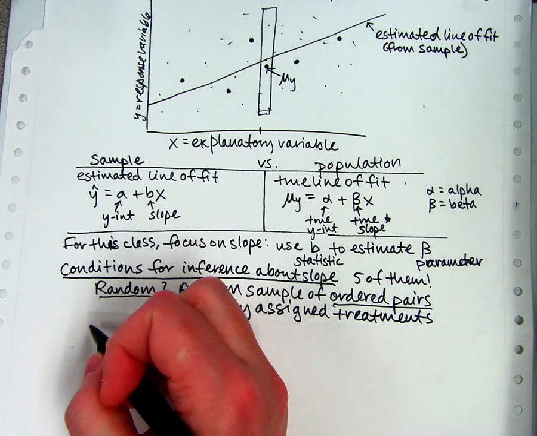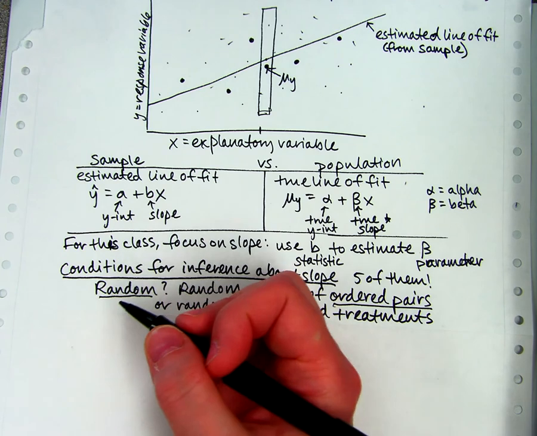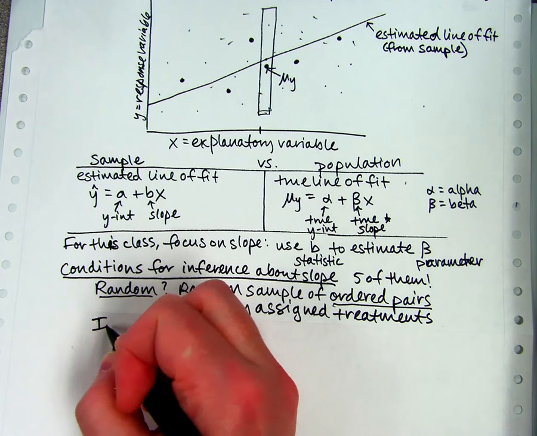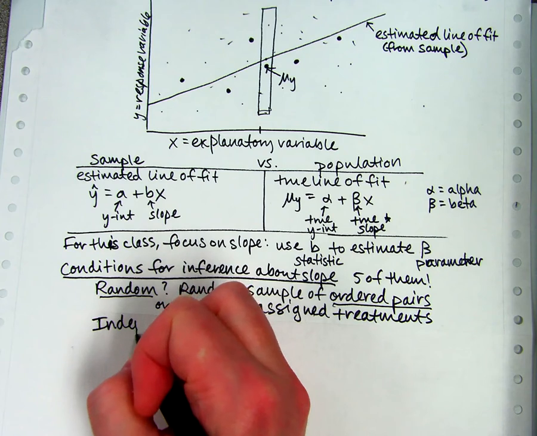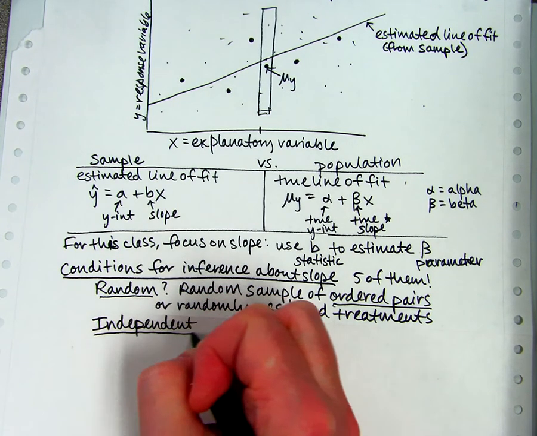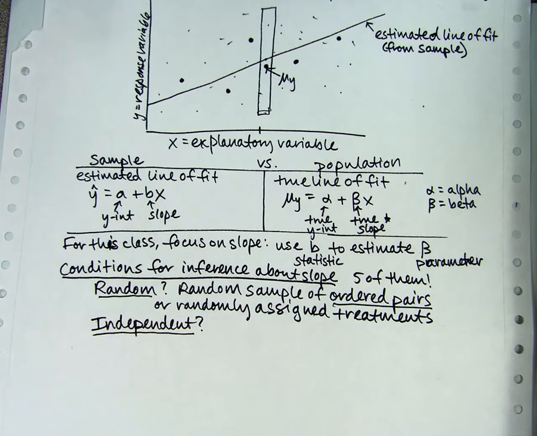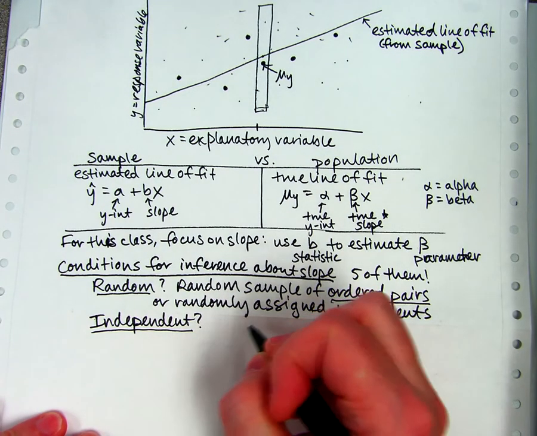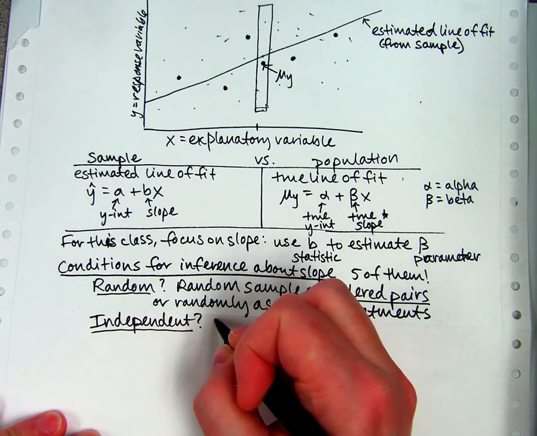The next one, we usually do normal next. I'm going to put it third for a reason, which I'll tell you in a minute. But the third one or second one, either way, is independent. That's the same as what we've done before. So I'm purposely starting with the easy ones, and I'll come back to the normal because it's a little harder. So independent, it's the same 10% rule that we've done before.